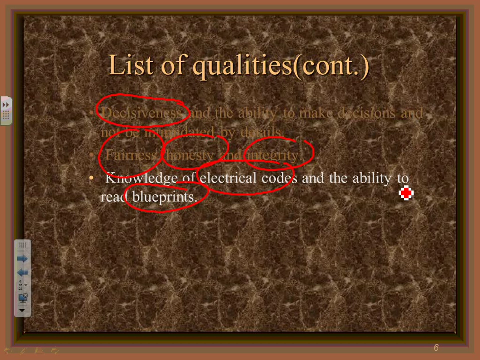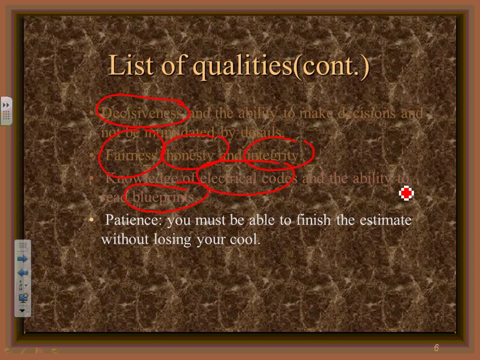Those are the perfect estimators, the people who know how to design the system and know how to install it too, among other skills. But if you don't know how to install the system, at least you need to be able to visualize and understand enough and get in touch with people who know how to install it, so you learn enough to estimate the project. Reading blueprints, if you don't know how to read blueprints, you're not in this business.